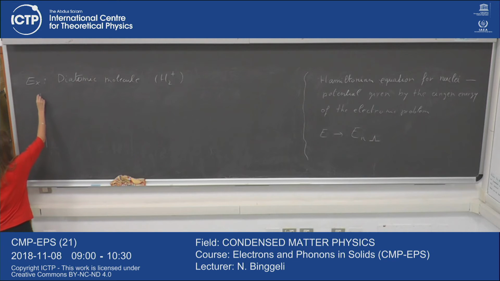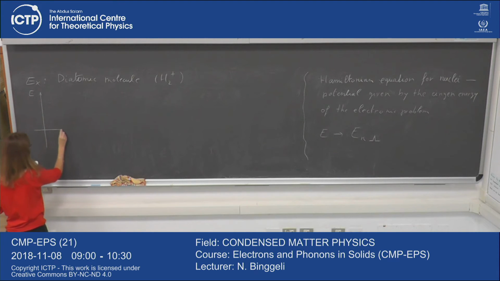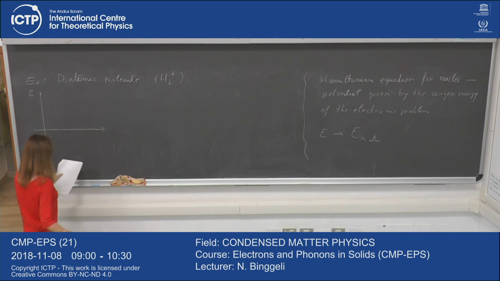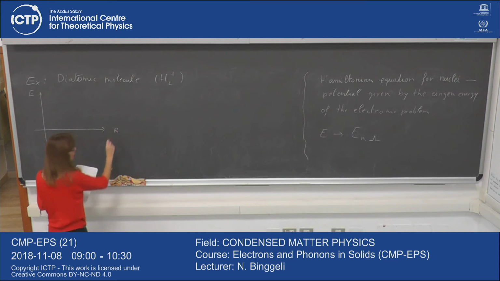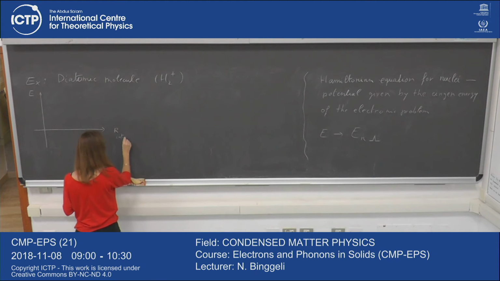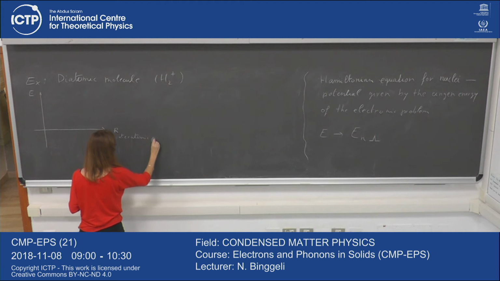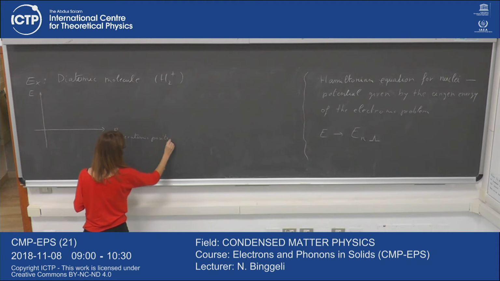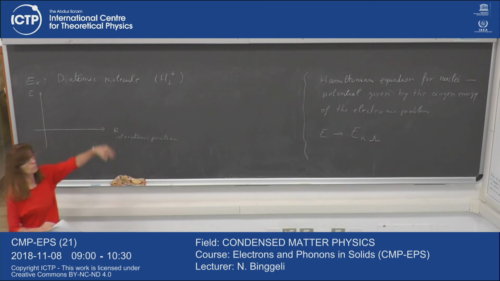In the case of a diatomic molecule, if I plot the energy as a function of the interatomic position R, so R is the interatomic position, in this case the distance between the two protons.